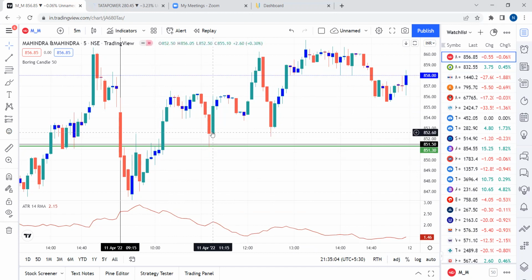Now, once the boring candles, once the unfilled orders are filled, we will not mark this, because we don't know next time when it comes, will it give the target or will it hit the stop loss? Why? Because we don't have access to see how many boring candles were there.